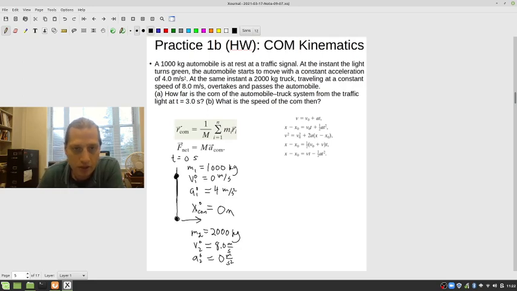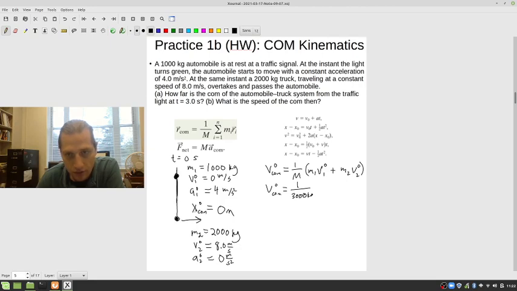Well, my position of my center of mass is this. If I wanted to find the velocity of my center of mass, I would just have to take the derivative of everything. So my v of my center of mass at the beginning is going to be 1 over M, I'm just going off this formula, m1 v1 at the beginning plus m2 v2 at the beginning. So for us, the total mass is going to be 1,000 plus 2,000 is 3,000 kilograms.